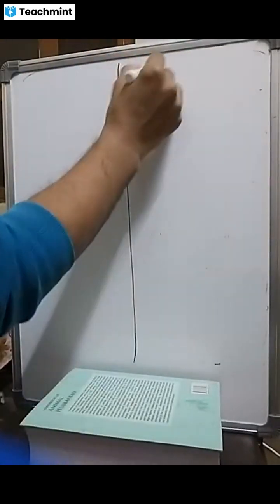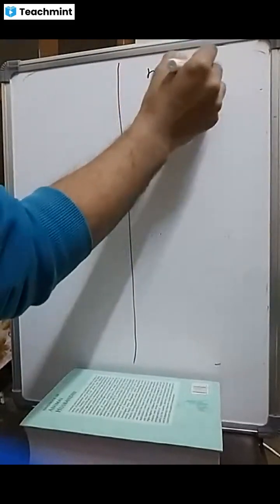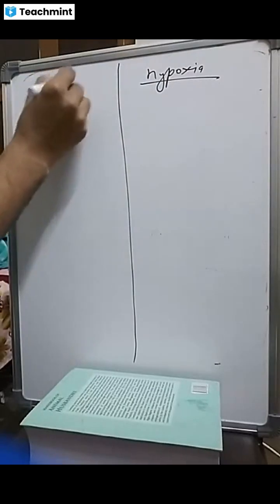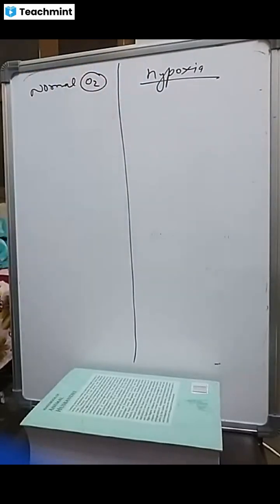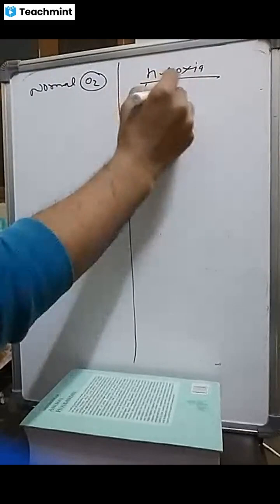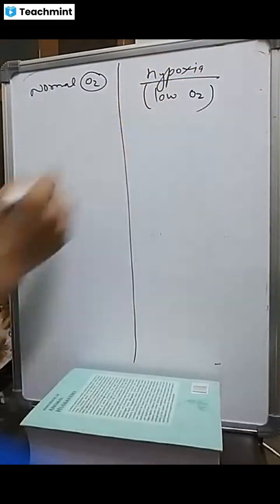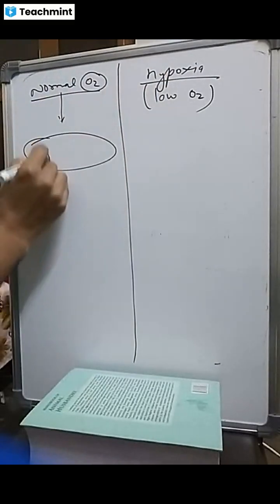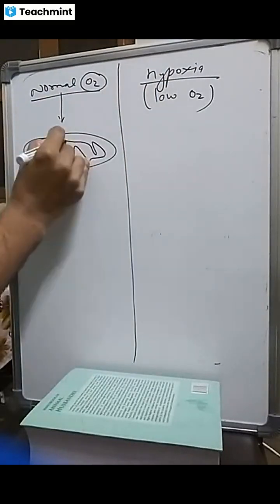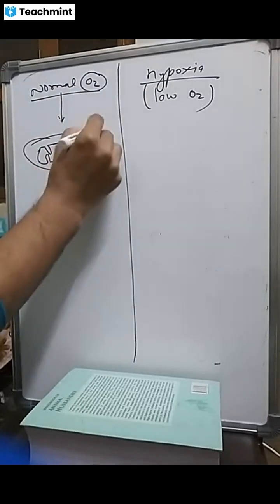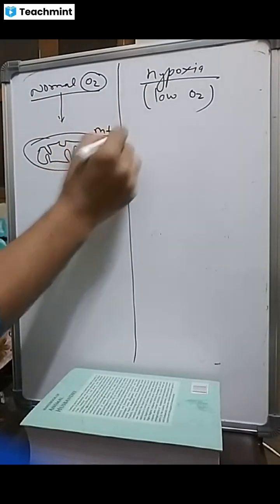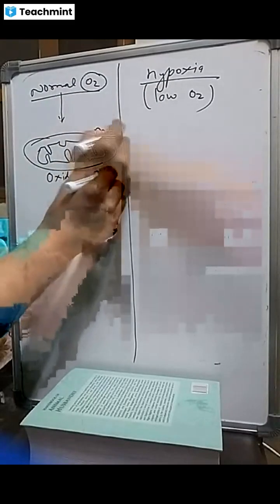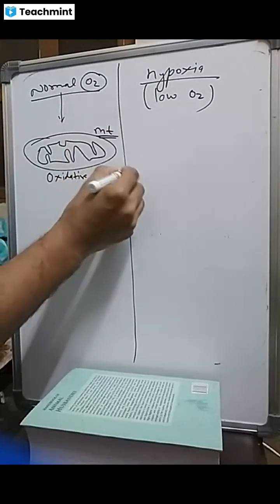We'll see where normal oxygen is utilized, then what happens when there is low oxygen. Normal oxygen is utilized by the mitochondria. This is the mitochondria. What is there? There is oxidative phosphorylation.